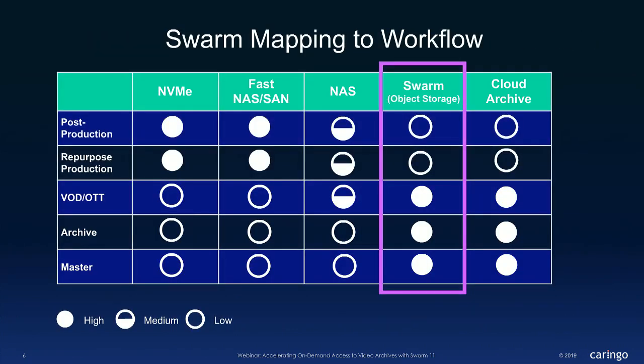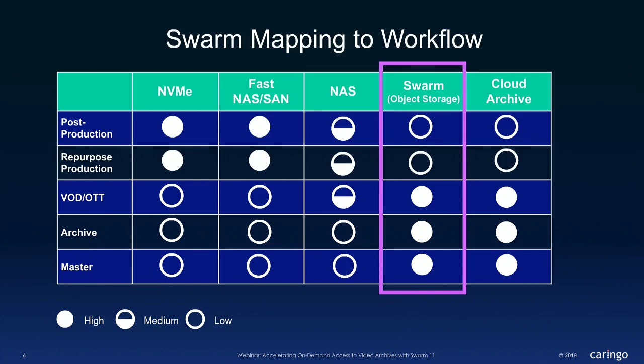So again, just setting the foundation of where we sit in the overall workflow perspective, from a storage perspective, we wanted to show where Swarm fits in with some other popular storage devices that you may use. You see NVMe up there, you see fast NAS and SAN NAS, Swarm, which is object storage, and then the Cloud Archive. There could be another one there. We could have put tape, but tape is another archive solution.